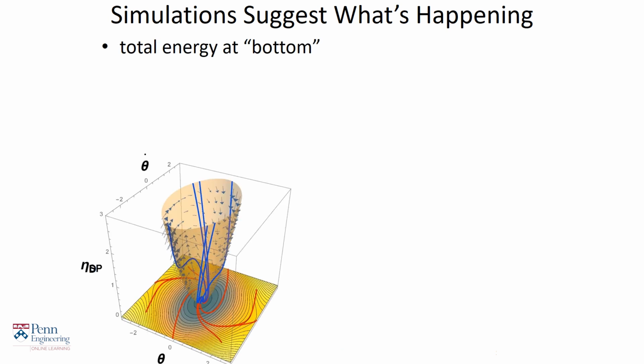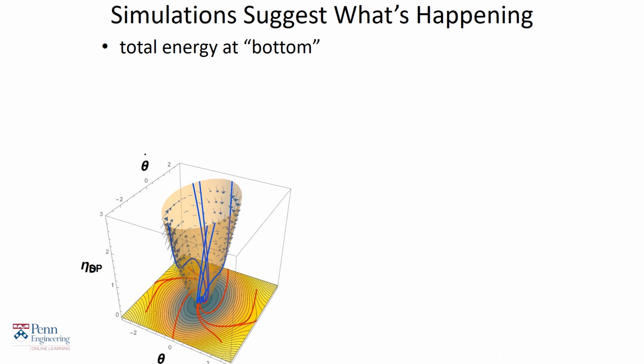The total energy at the bottom of the pendulum looks very much like the total energy of the damped harmonic oscillator. This plot, which is the total energy of the damped pendulum, looks very much like the corresponding plot I showed you of the damped harmonic oscillator. Only now, instead of position and velocity in the phase plane, we've got angle and angular velocity in the phase plane.